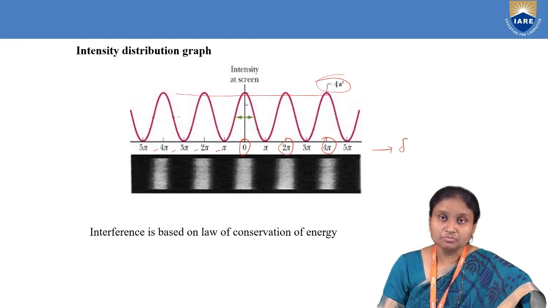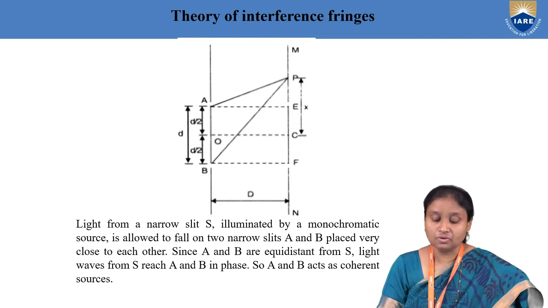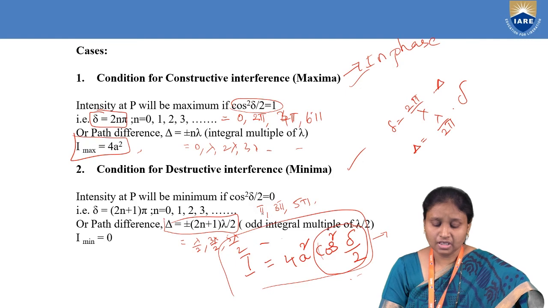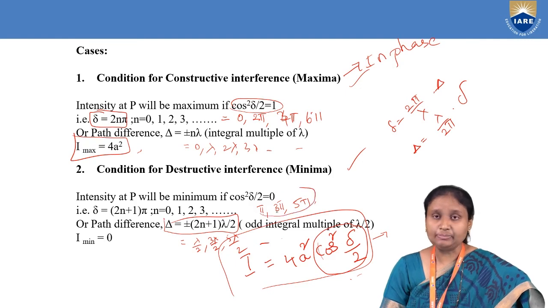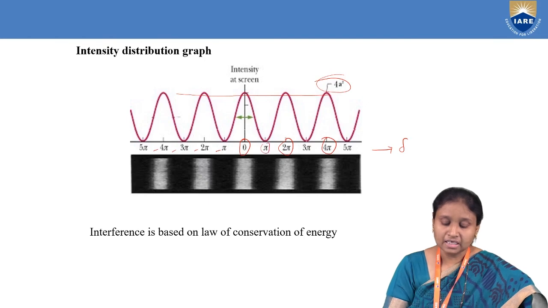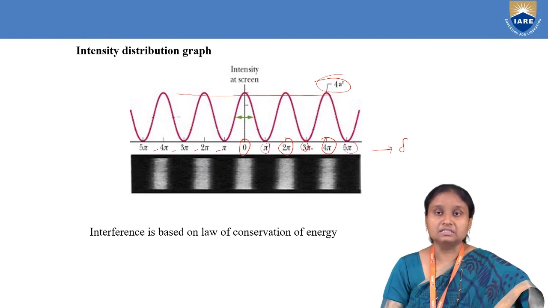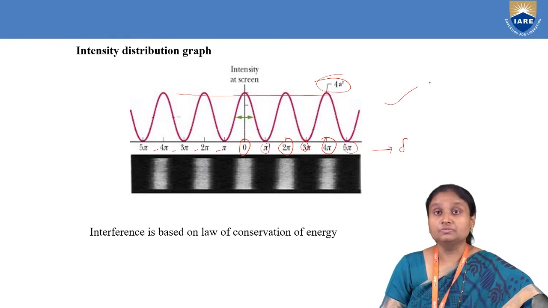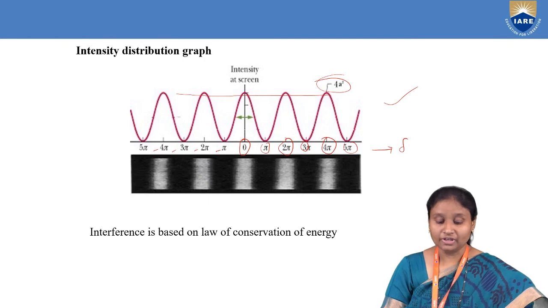And whereas coming to minimum intensity, where we have 0 intensity, what are those values of phase? Here it is given as pi, 3 pi, 5 pi, and so on. So wherever we have these points pi, 3 pi, and 5 pi, our intensity is 0. So this is a very important intensity distribution curve as a result of interference. So interference, as you can see, will give rise to bright fringes.